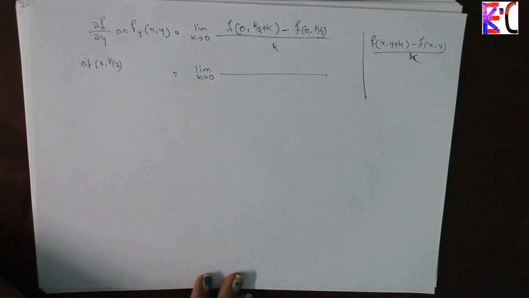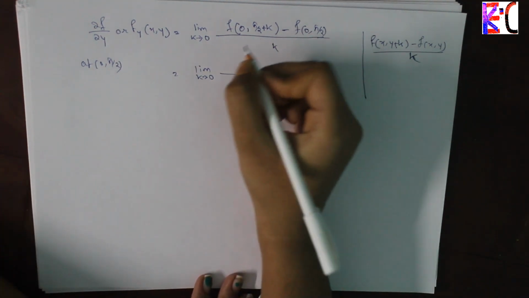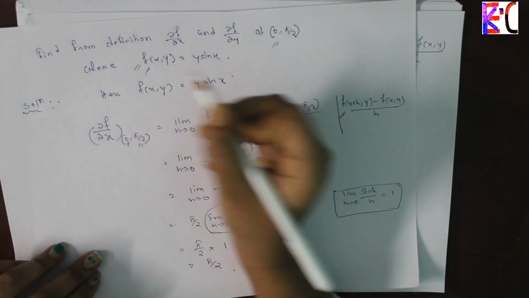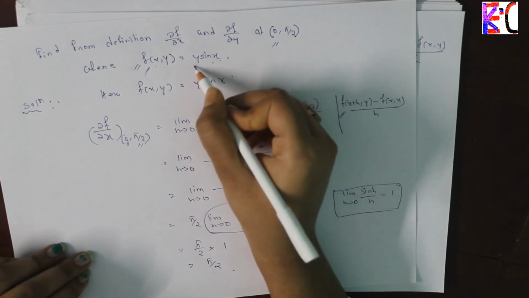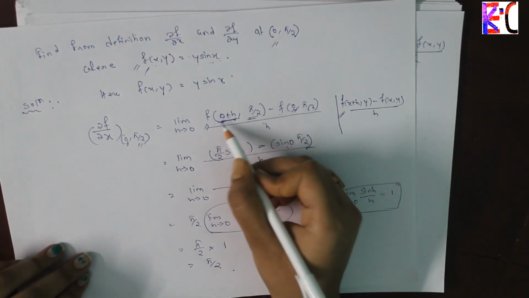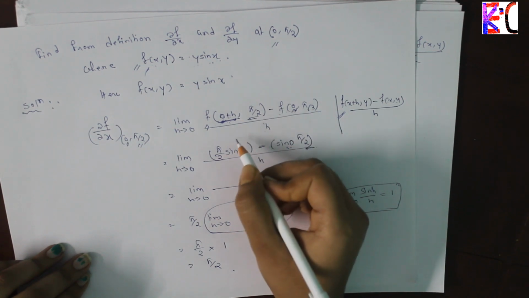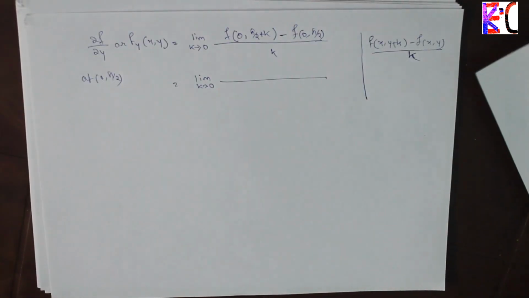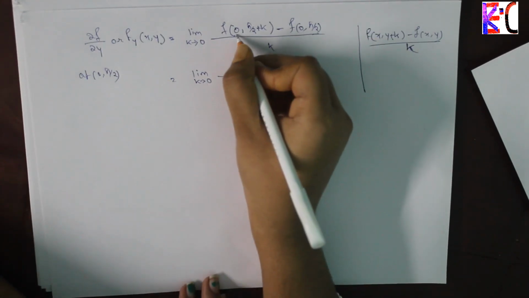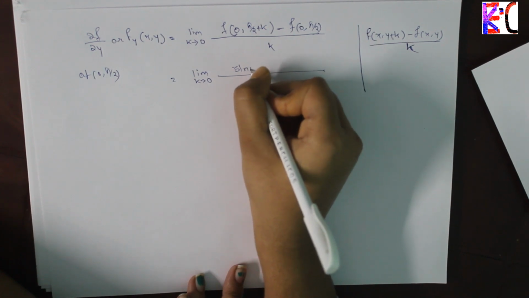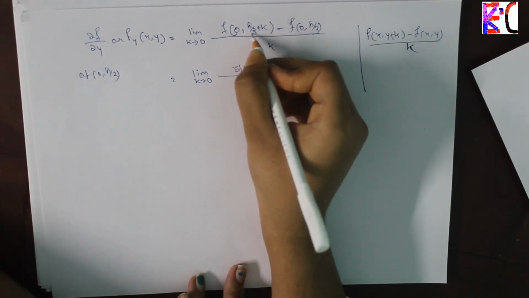As in the last part for del f del x, comparing with f of x, y equal to y into sin x, here x is 0 and y is pi by 2.